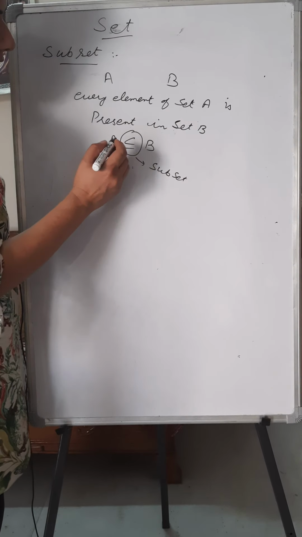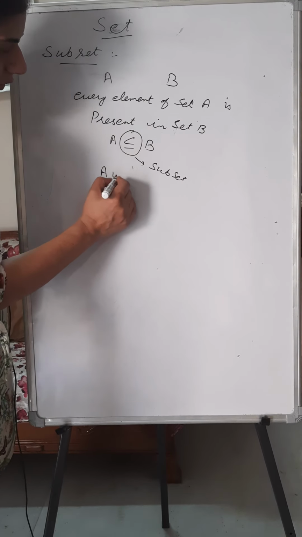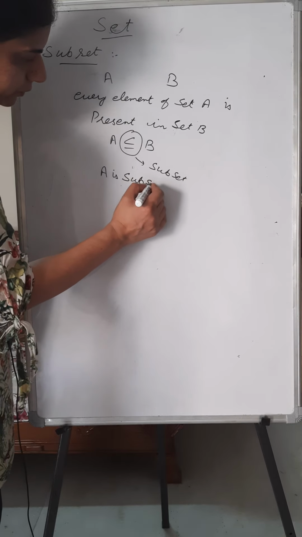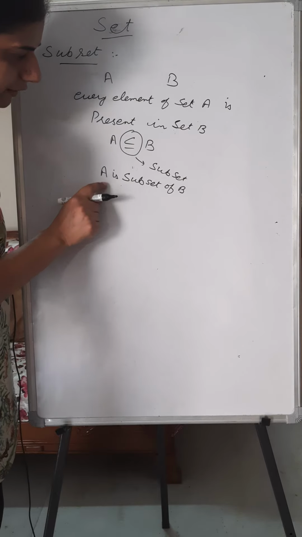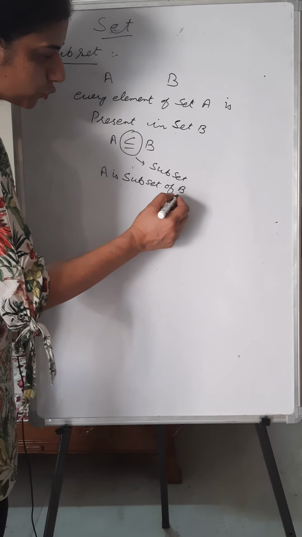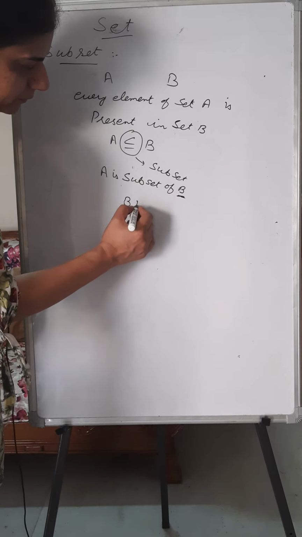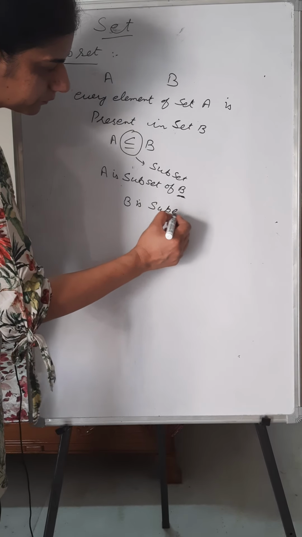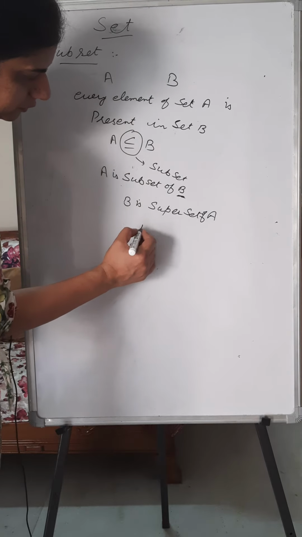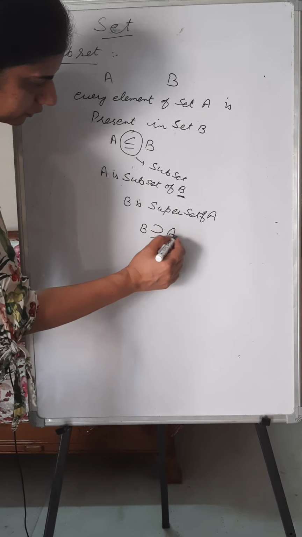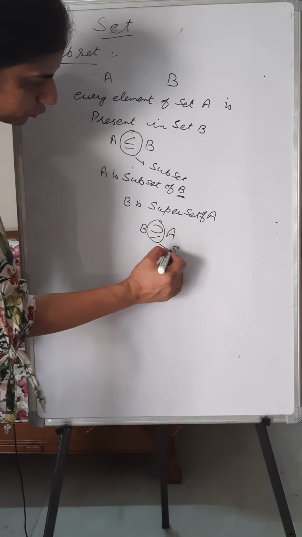A is a subset of B, because every element of A is present in B. B becomes superior, so B is a superset of A. This is the sign of superset.